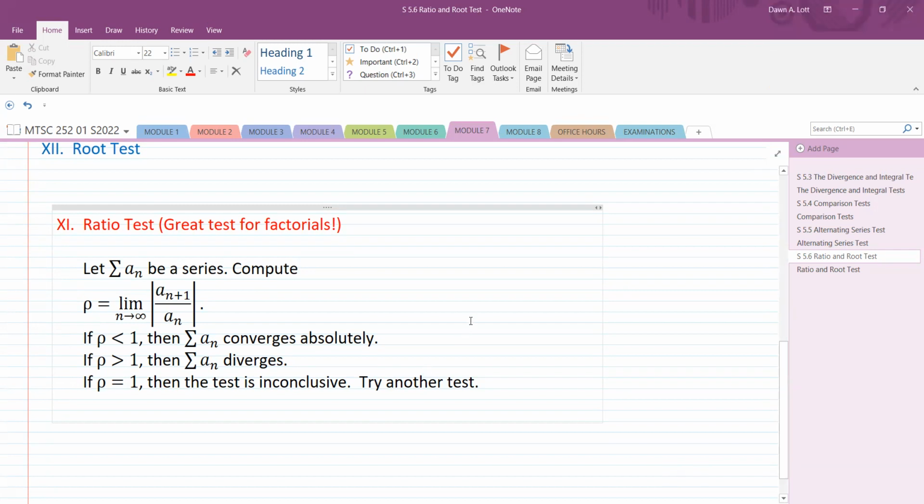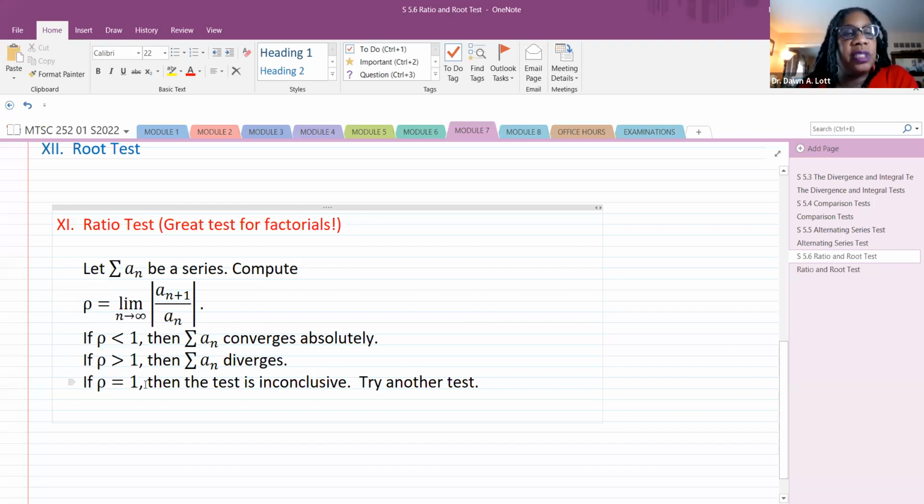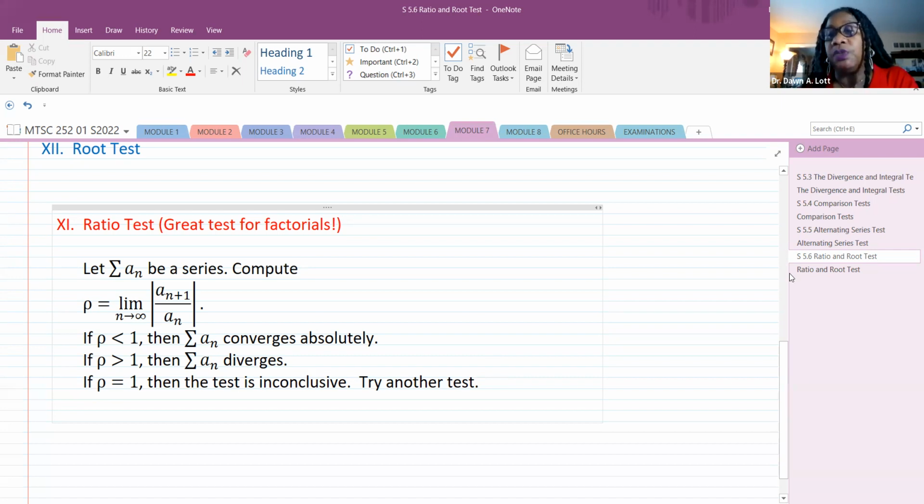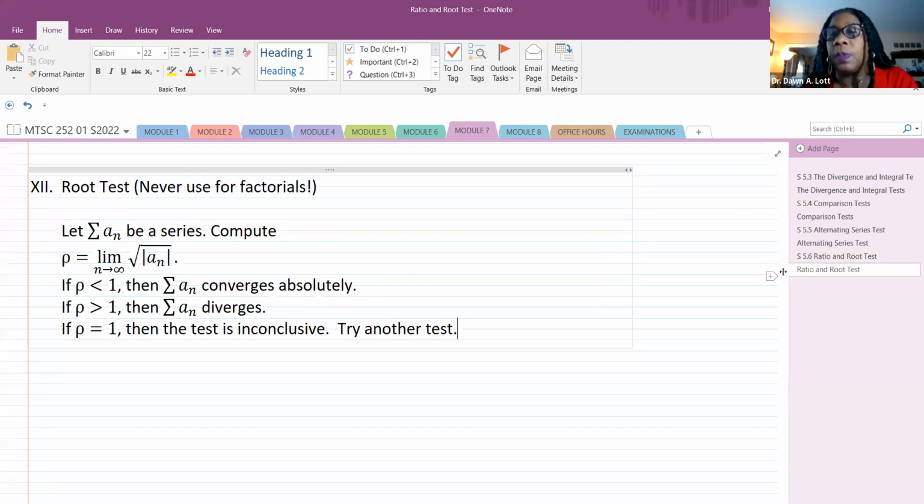Absolute value of r is less than 1. Okay, so the difference here is that for the geometric series test, we know for a fact that if r is equal to 1, it diverges. But here, if rho is equal to 1, we don't know, because for some series it could converge and for some it could diverge.